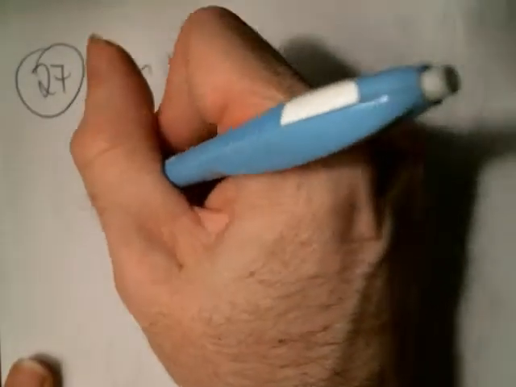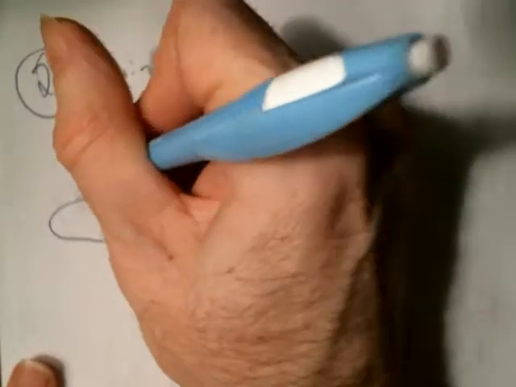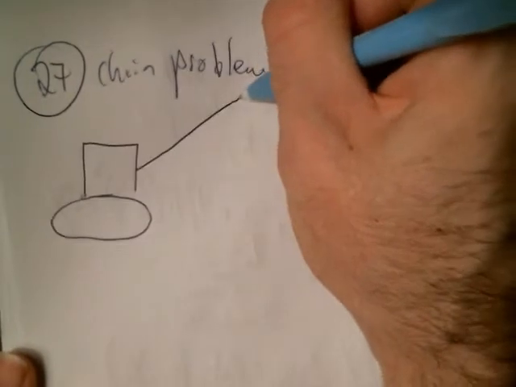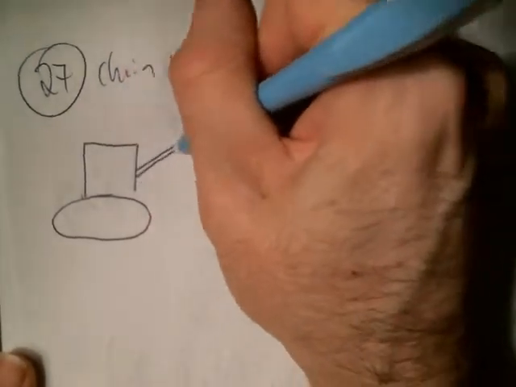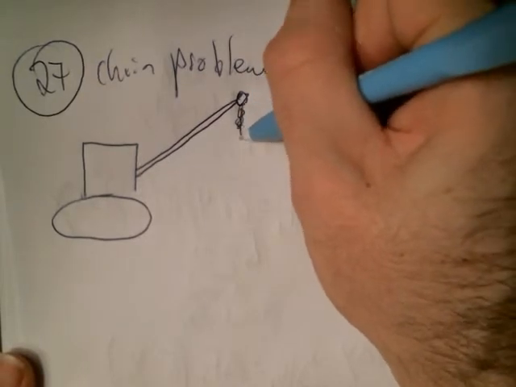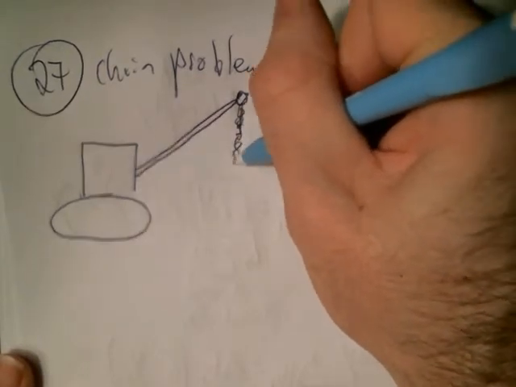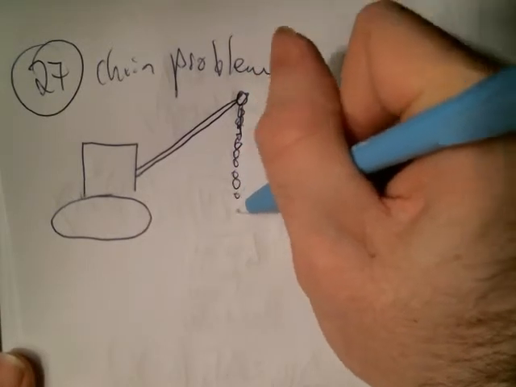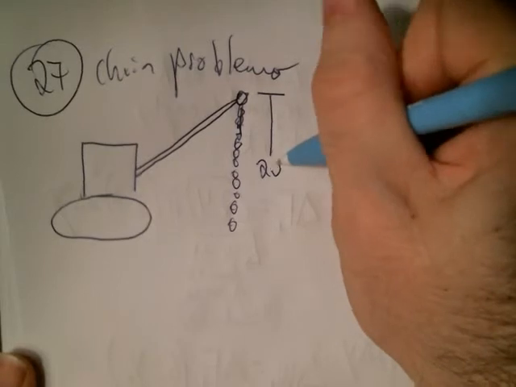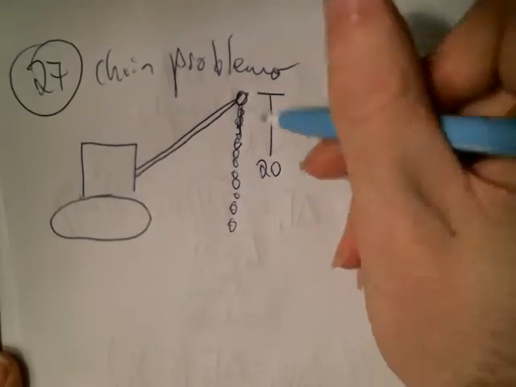And the scenario is some sort of crane mechanism, and it has a winch at the top of it, and it has a chain hanging from the winch. Okay, in this particular problem, the length of the chain is 20 feet, I believe.